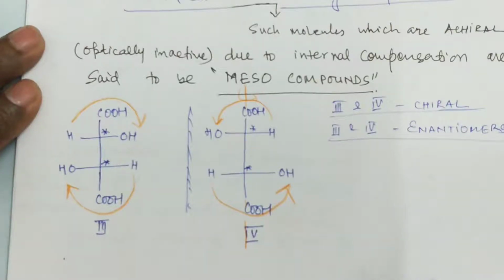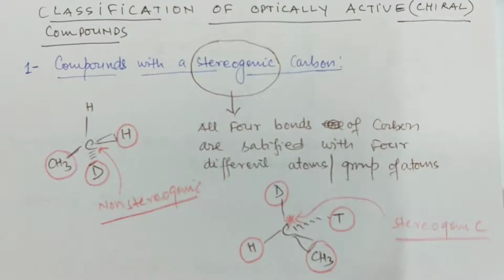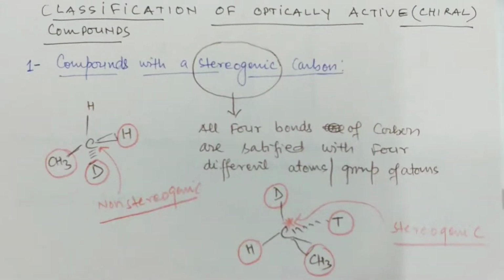So this is the first classification of optically active or chiral compounds in which there is a stereogenic carbon, meaning carbon with 4 different groups. Now, I will discuss in the upcoming clips a detailed theoretical method on how to identify enantiomers, how to identify the same molecule, how to identify diastereomers, by using some theoretical concepts.